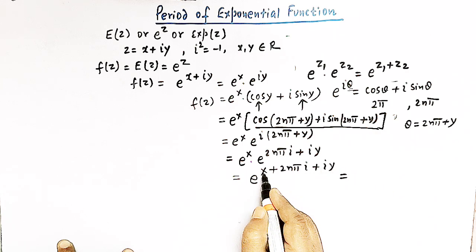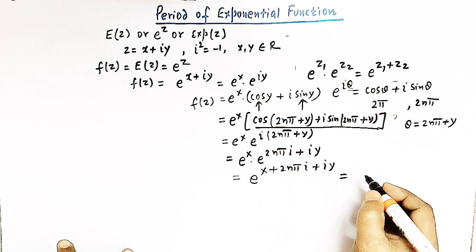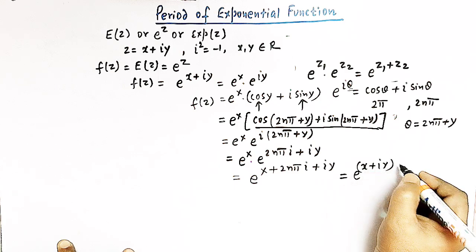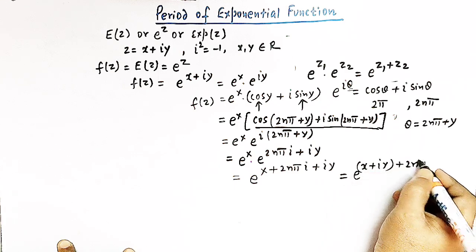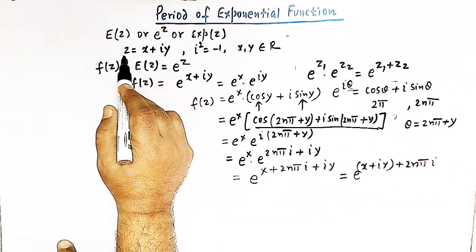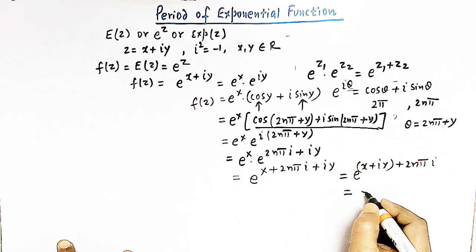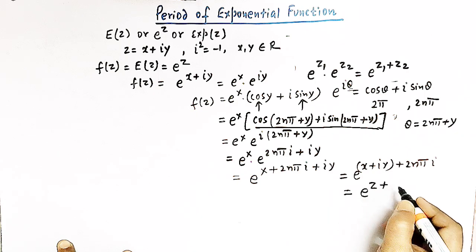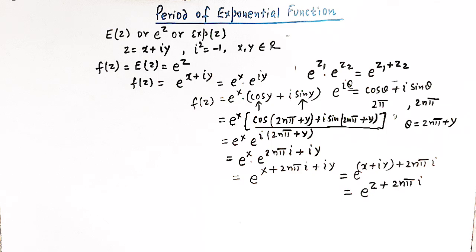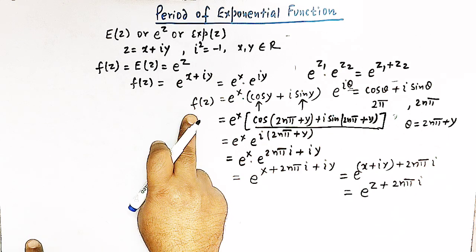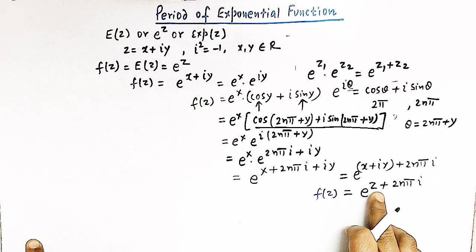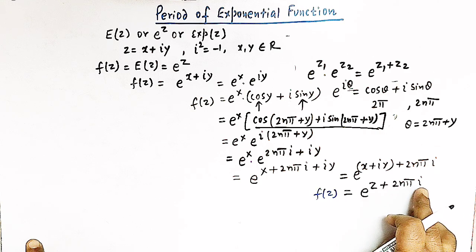So now here collecting x and iota y, we have x plus iota y, and then we have 2n pi i. So now replacing x plus iota y by z, we have e raised to z plus 2n pi i. So now our function f of z is given by e raised to z plus 2n pi i.